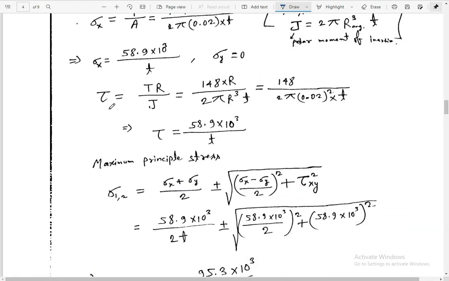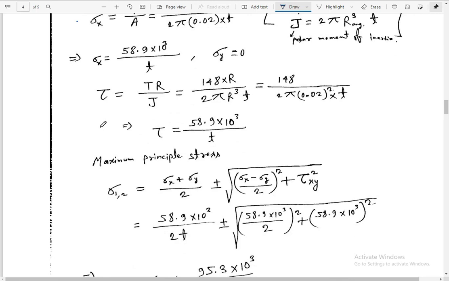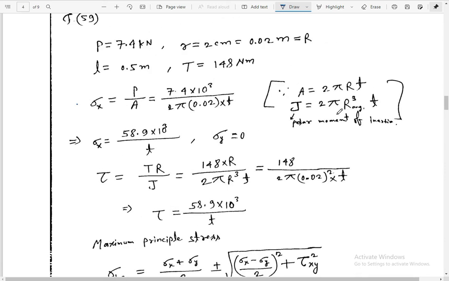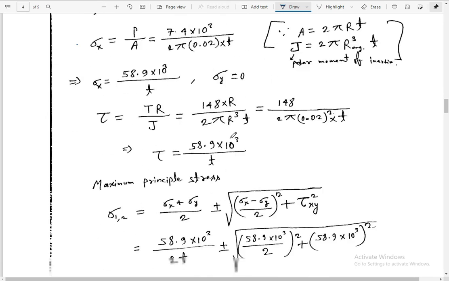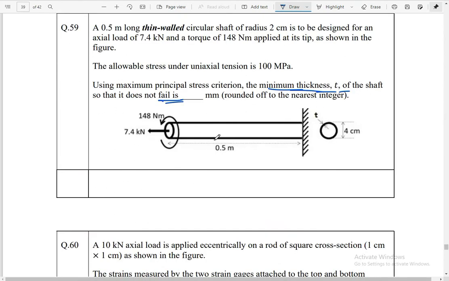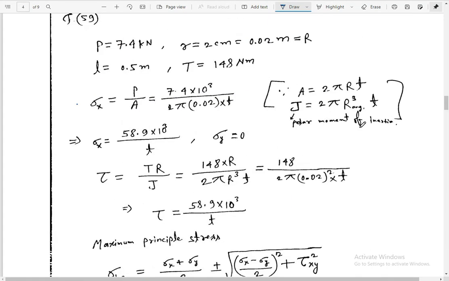Tau is equal to T R by J, where T is torque and J is the polar moment of inertia. Polar moment of inertia changes according to the shape. For a thin walled circular shaft, polar moment of inertia is 2 pi R cube T.